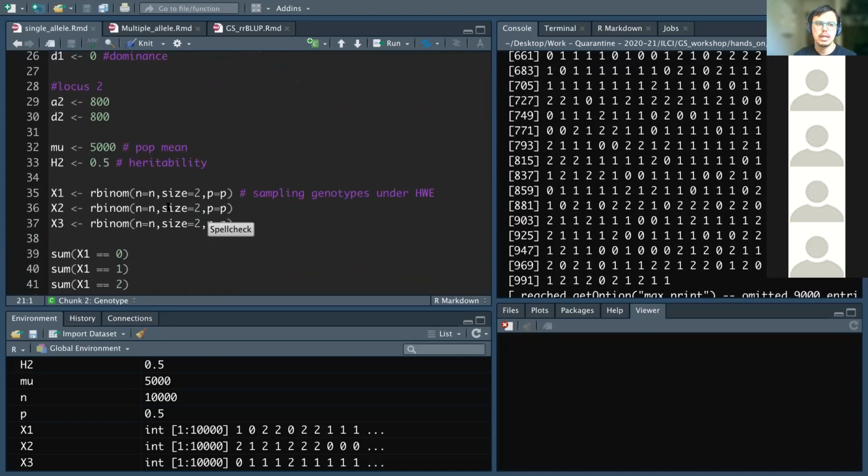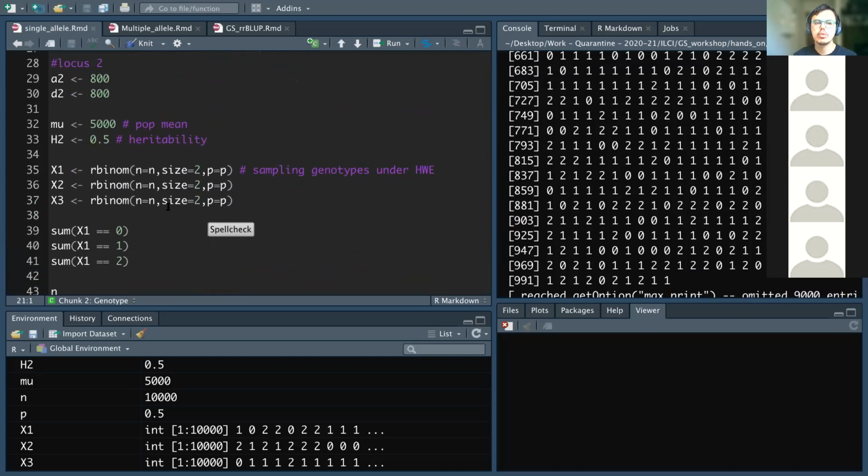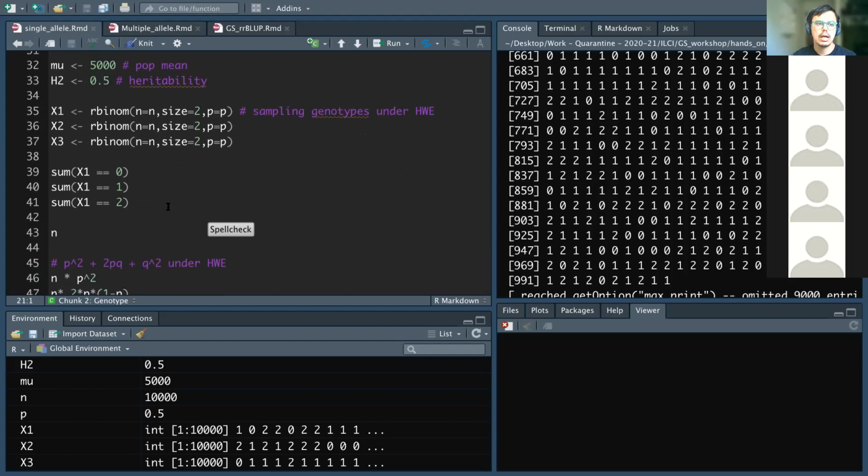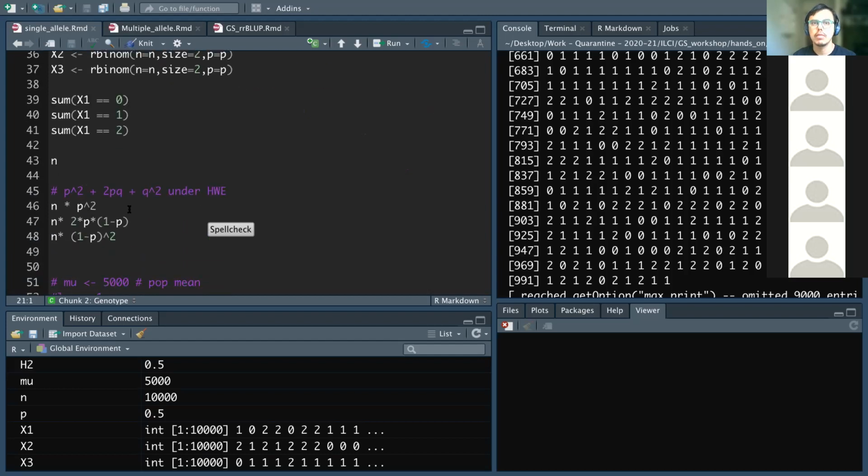Okay, and why do we want to do that? Because we want to produce, and again this is a simulation, not real life, markers at loci that are in Hardy-Weinberg equilibrium. And remember that the Hardy-Weinberg equilibrium is p squared plus 2pq plus q squared.